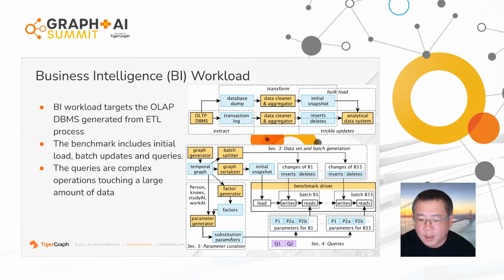For example, these substitution parameters will be generated for batch 1 queries. After batch 1 is invoked to mutate your graph, you can use parameter P1 to invoke BI query 1, parameter P2a to invoke query BI2, and parameter P2b to invoke query BI2, and so on.